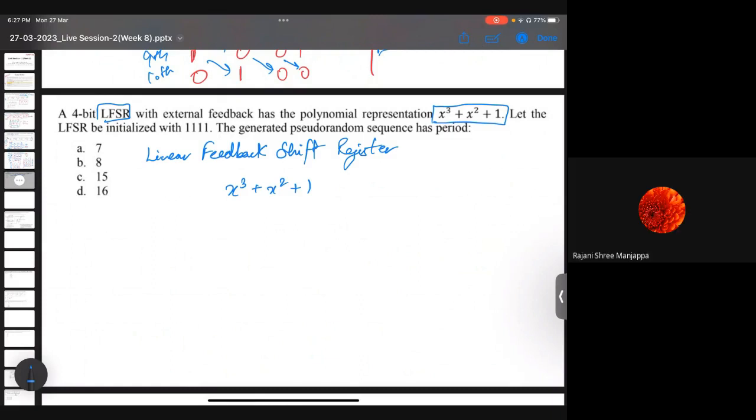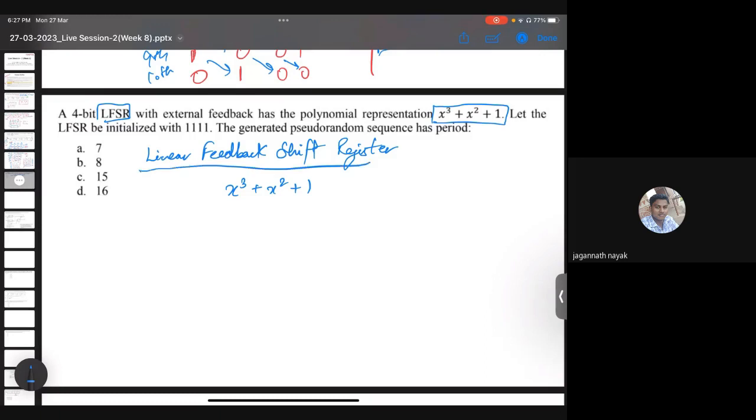Hello? Am I audible? Yes, sir, you are audible to me. I guess the connection problem was from her side, so she will rejoin maybe. I'll continue with the questions.